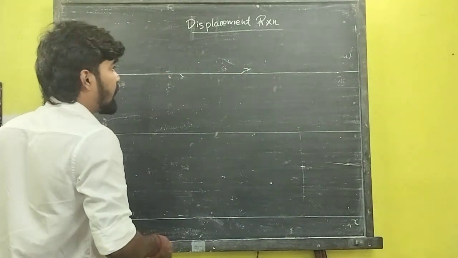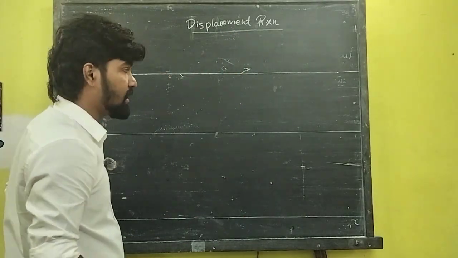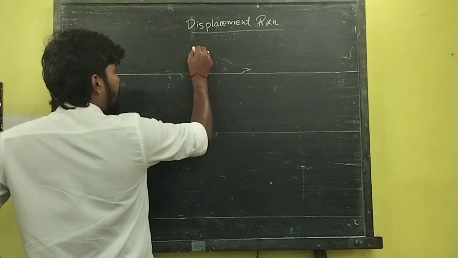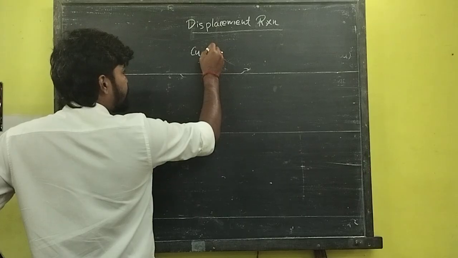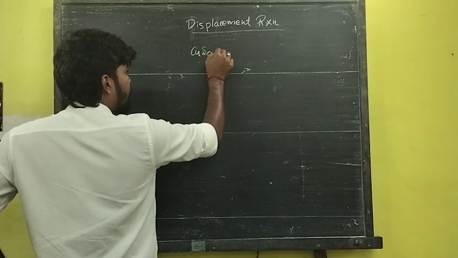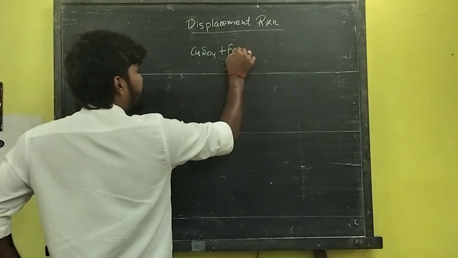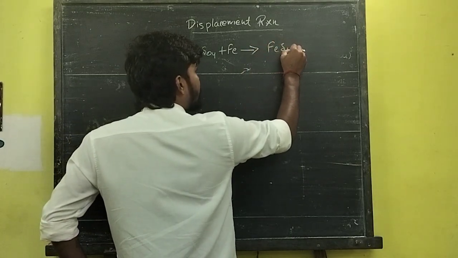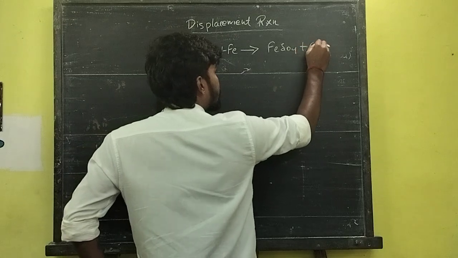So let us take an example and try to understand what you mean by displacement reaction, and then we'll start to define it. For example, if you take CuSO4 plus Fe, you will get FeSO4 plus Cu.